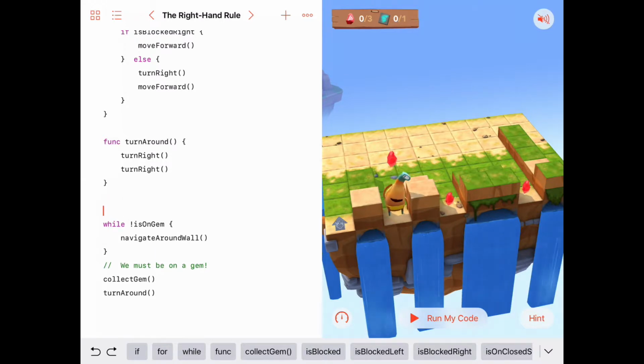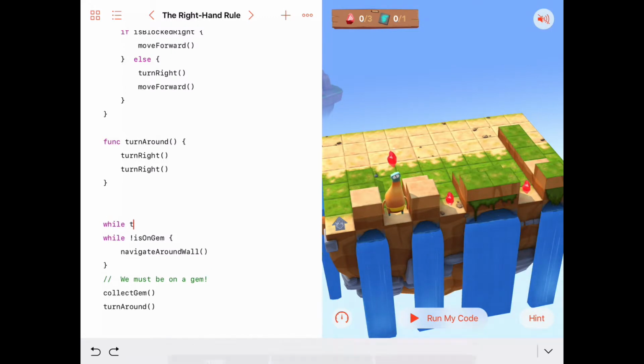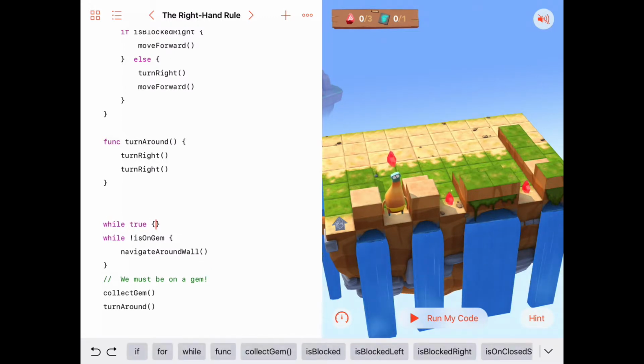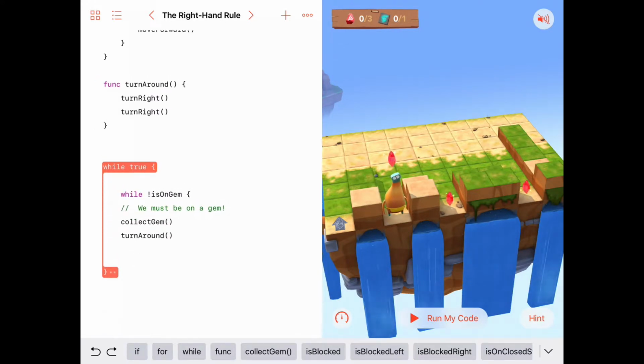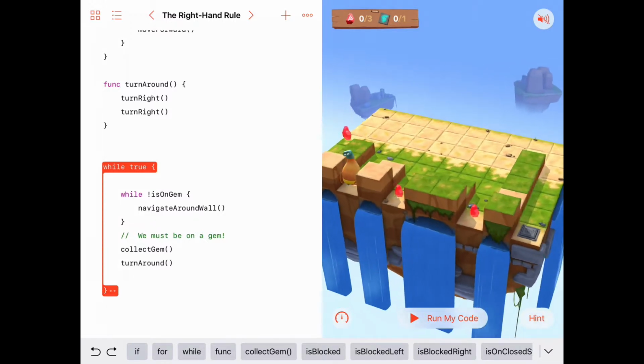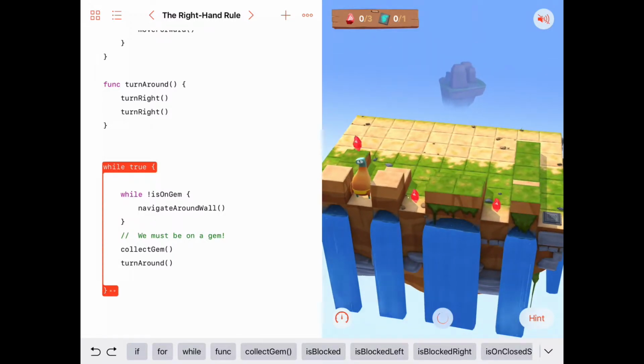So I am going to put this whole thing right here in a big loop itself. And I'm just going to say, while true, I want to keep doing this over and over and over again. While true, I just want to keep navigating around walls until I get to a gem. Then I want to collect it and I want to turn around. Okay, we're going to keep doing that over and over and over again. And let's watch what happens. Okay, here we go.